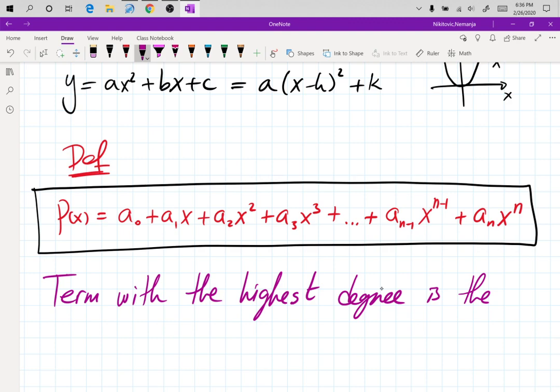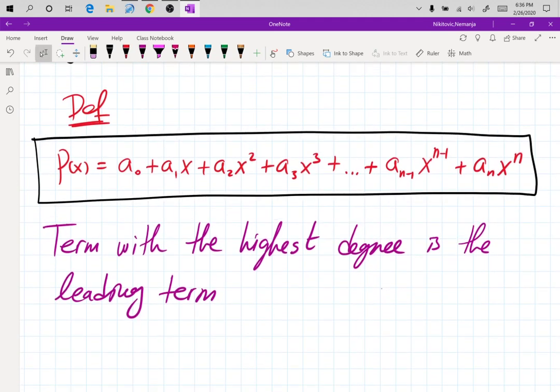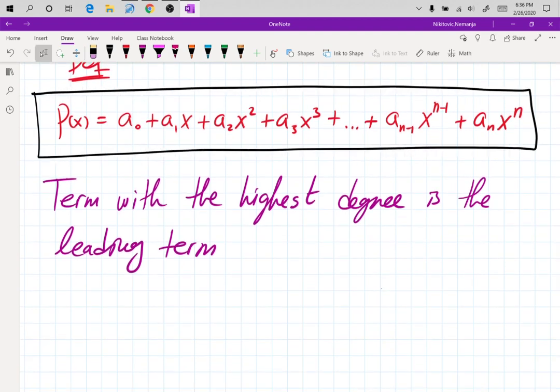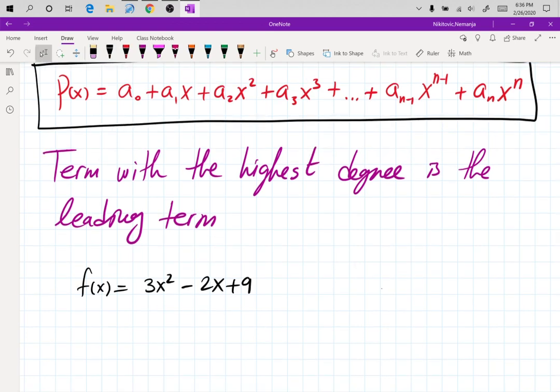So the term with the highest degree is the leading term. And because it's a leading term, you are going to name the rest of the polynomial that way. So here is an example. If you have, let's say, f of x equals 3x squared minus 2x plus 9, the leading term is 3x squared.